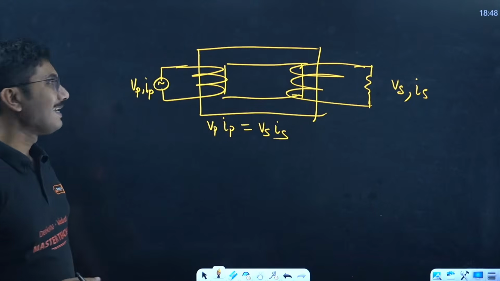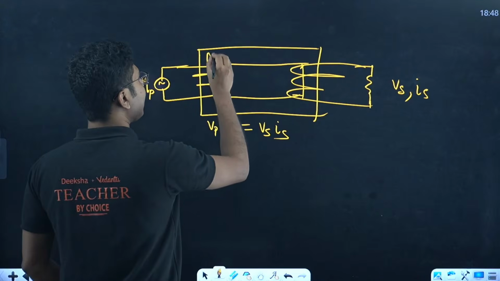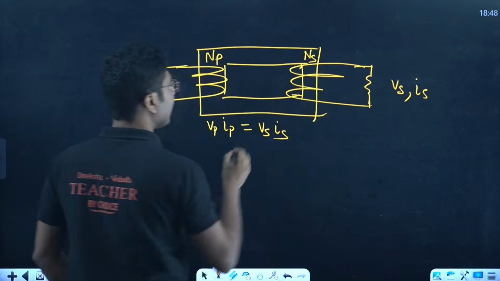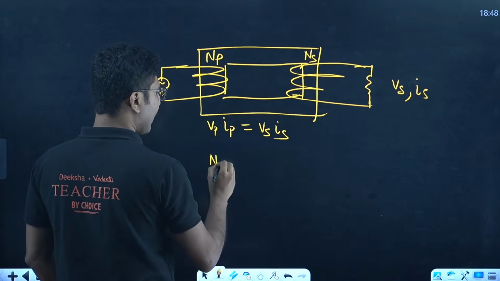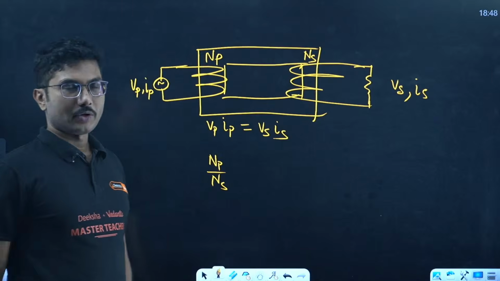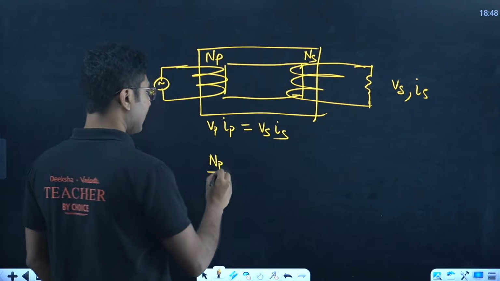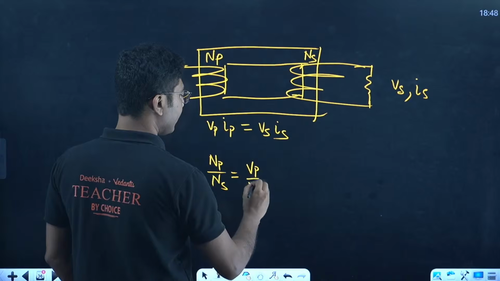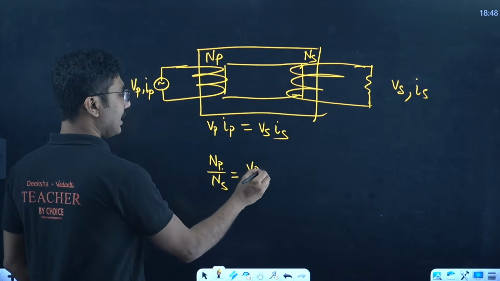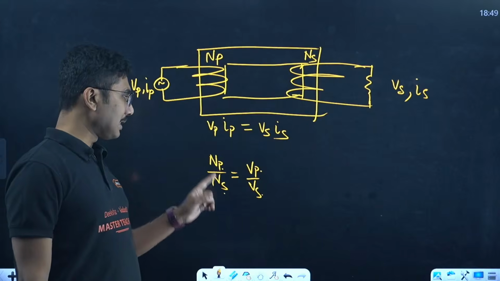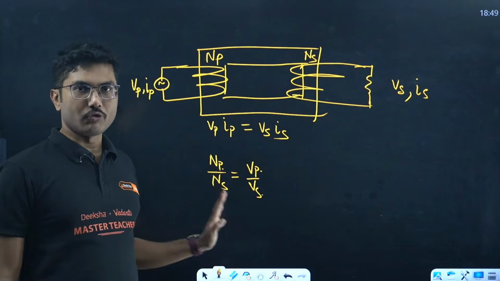If the number of turns in the primary is Np and in the secondary is Ns, then the ratio of primary to secondary is the same as the ratio of the voltages. So primary by secondary for voltages.